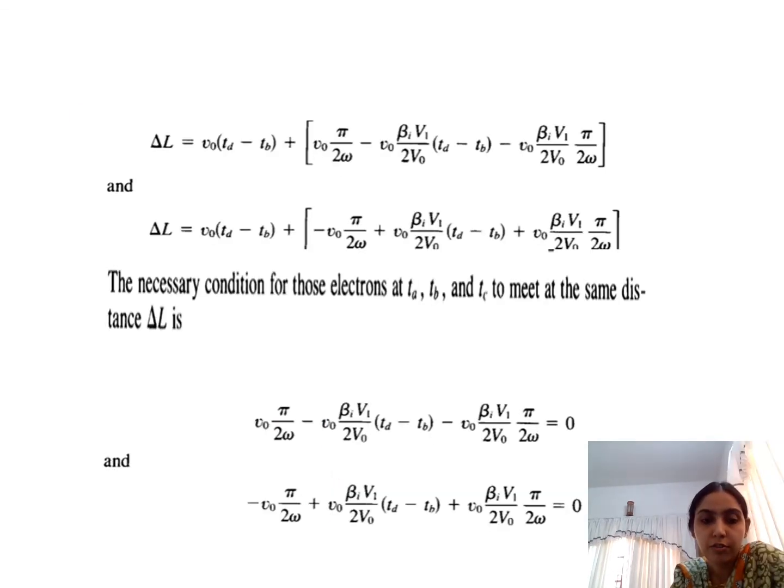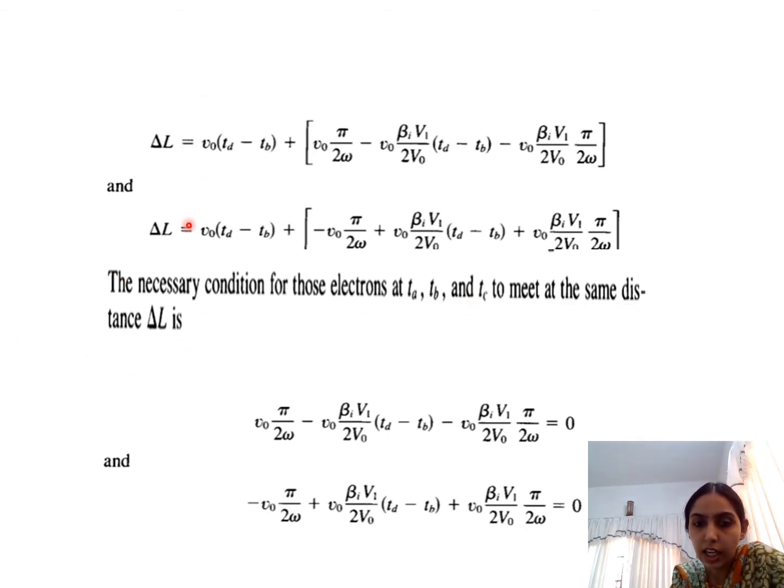Now the expression for ΔL for the electrons at Ta and Tc, those traveling with the minimum and maximum velocity, is rewritten by substituting the values of Vmax and Vmin. Necessarily, all these electrons at Ta, Tb and Tc are going to meet at the same distance ΔL.